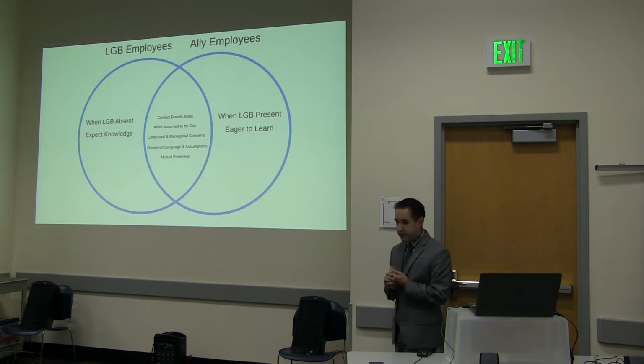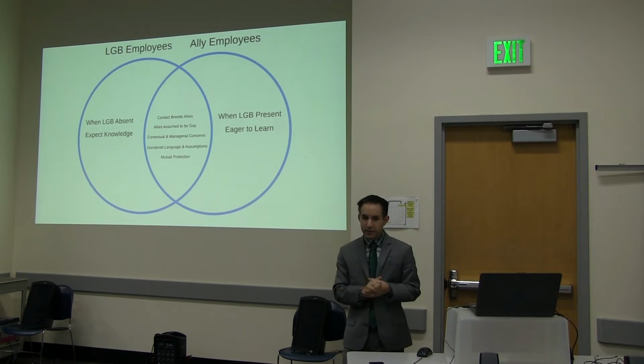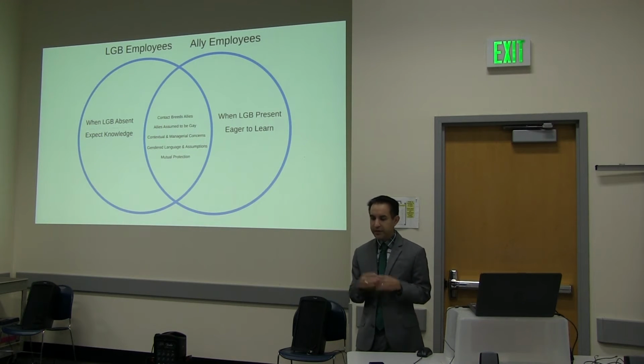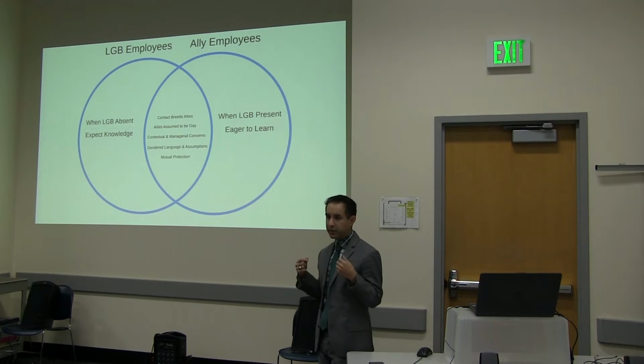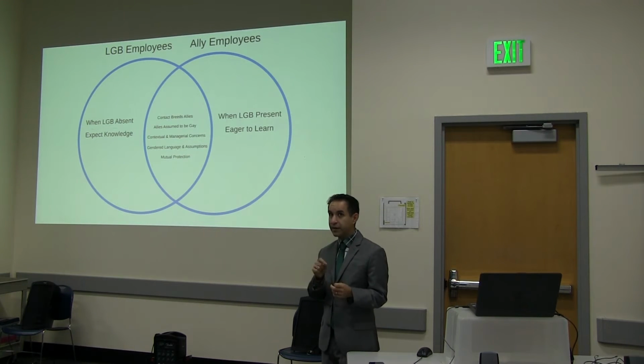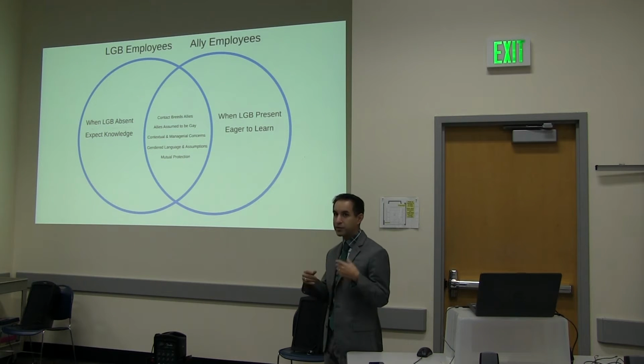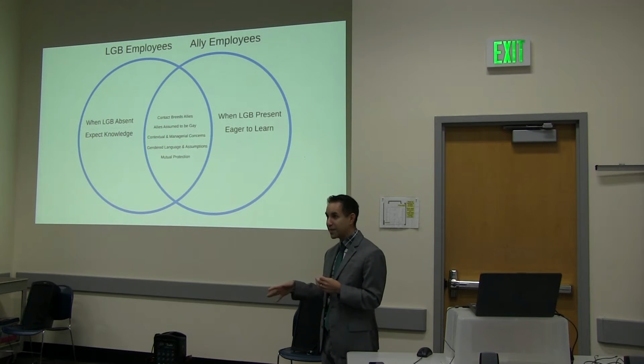Another thing that we saw was this expectation, this eagerness to learn amongst the allies. There was this sense of, I want to learn more, I want to be a really good ally, and I want to do as much as I can. But they relied on gay and lesbian people for information about the issues, about legal stuff, about sometimes sexual stuff also.